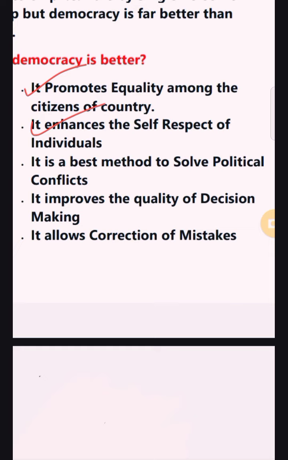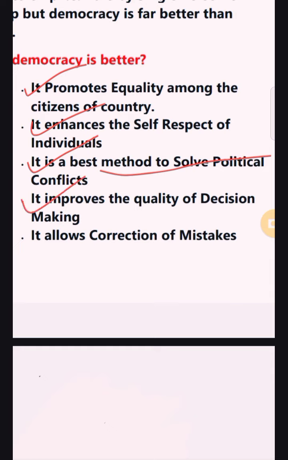So in front of the law, for the government, you all are the same. Whether it is the prime minister, any industrialist, businessman, celebrity, a worker or a common person, their votes matter in the same way, right? They all have equal value. It is the best method to solve political conflicts, or you can say democracy provides a solution to the conflicts or problems of the people, or it accommodates the diversity of society, and it improves the quality of decision making.